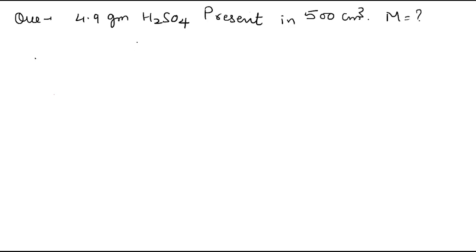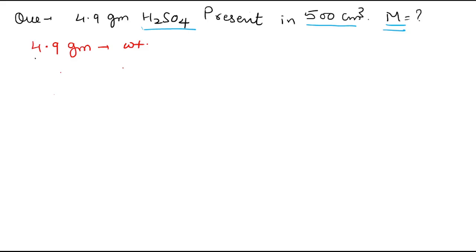Now we will do one more example in which we will learn some new concepts. Here, as per the question, 4.9 gram H2SO4 is present in 500 centimeter cube and find the molarity. Now see, what will we do about this question? Here, the 4.9 gram H2SO4 is the given weight of the H2SO4.